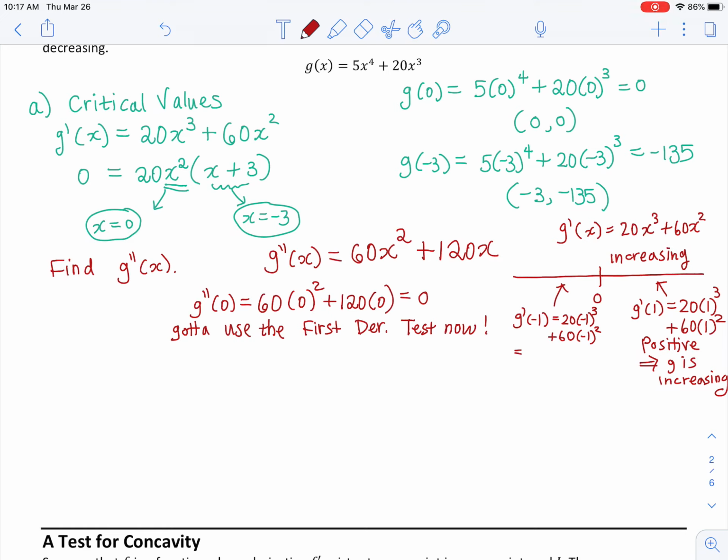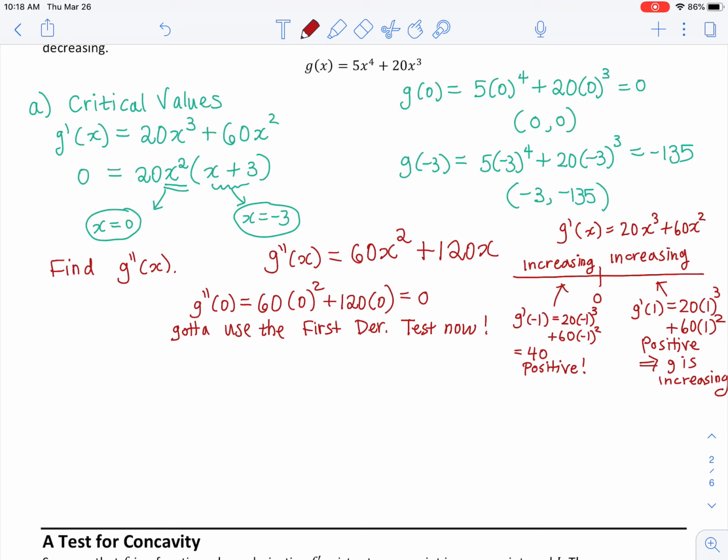Let me actually get a calculator and find the value. 20 times -1 cubed plus 60 times -1 squared. That's going to be positive 40. This is positive again. That means, well, same conclusion: G is increasing here.